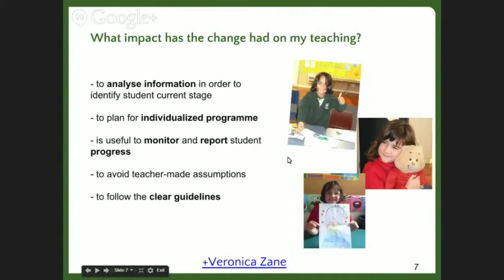The impact on the teaching is that I am able to collect and analyze the information and decide where the student's current level is, and I can plan for the individualized program in relation to improving the core language skills. And I'm able to communicate with the classroom teachers more easily and report to parents on the gaps the students still have.